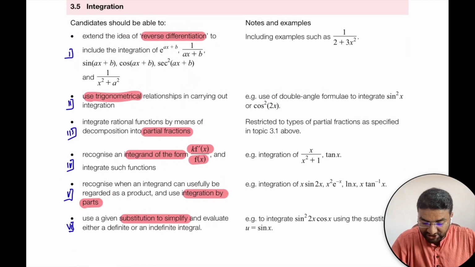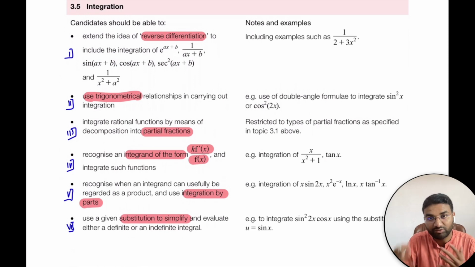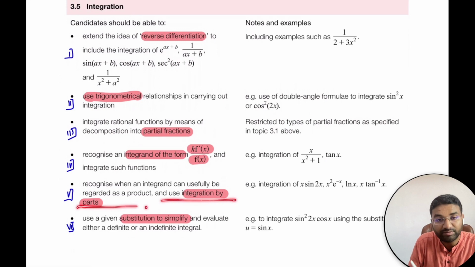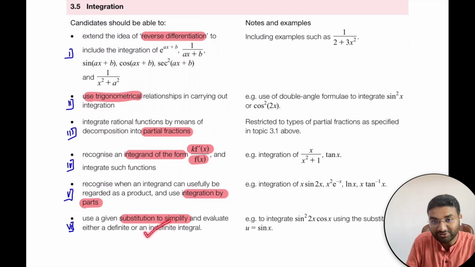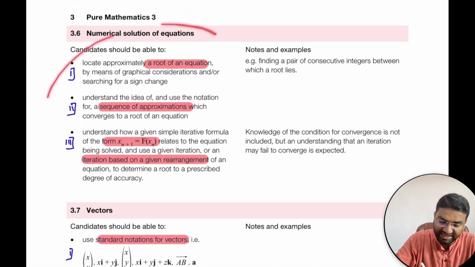Then in integration, the extra part is the partial fraction form, integration of f dash of x upon f of x, then the integration by parts rule for P3 students. Then we have to use the substitution method to solve integrals. Then numerical solutions, again the same topics.